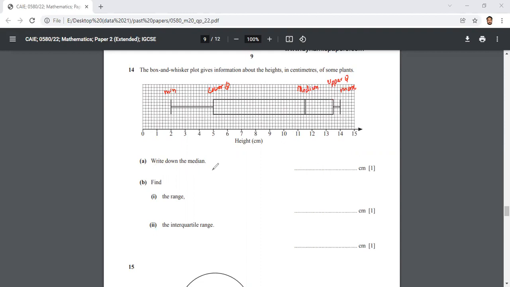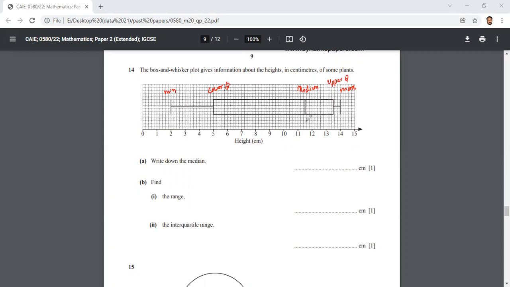Now, first thing they are asking what? Write down the median. Okay. So of course, median, you know that, but before writing this, you must know one small box equal what. We know that 0 to 1, we have 5 boxes, yes? So that means 1 divided by 5, that gives us 0.2. So one small box equal 0.2 along this, if you say it is x-axis or height in centimeter, okay?